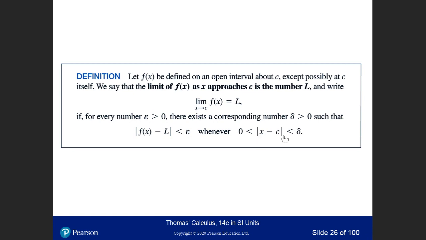So for all x in this interval, that's a symmetric interval around c, the absolute value of f of x minus L must be less than epsilon. If I can show you this, then I can write this expression. That's the proof that L is the limit of this function at x equal to c.